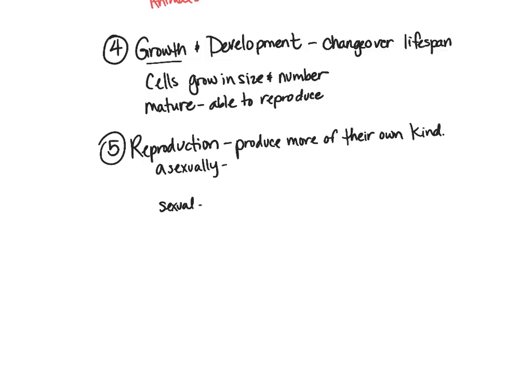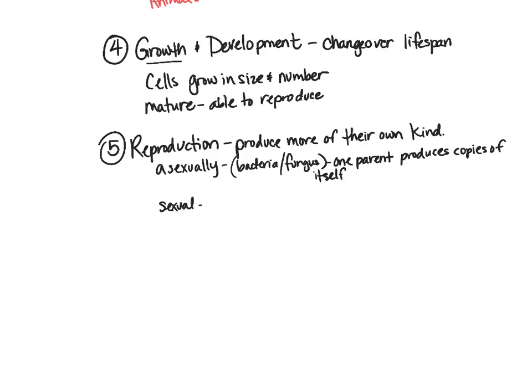So if we're talking about bacteria, for example, or maybe a fungus, we might be talking about asexual reproduction. This is where one parent produces copies of itself.